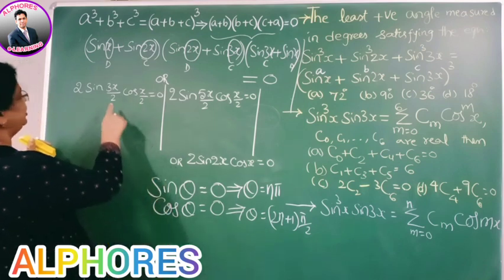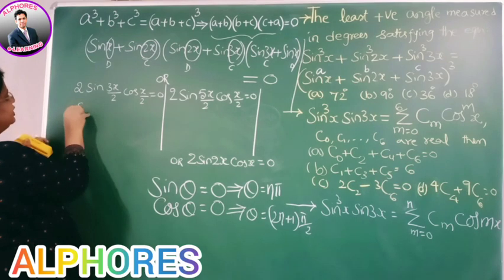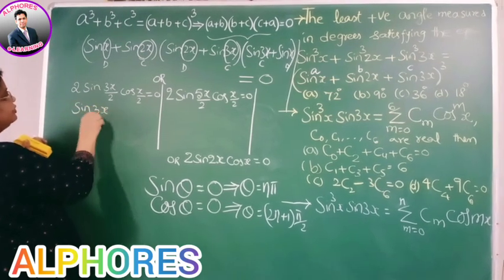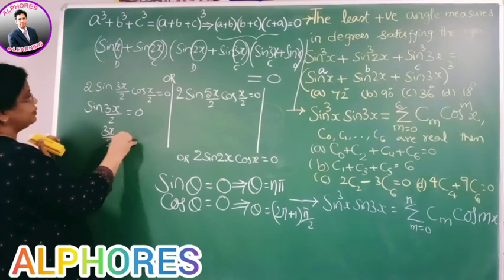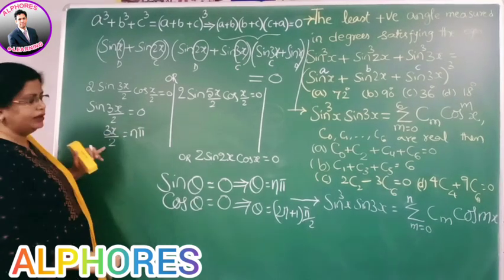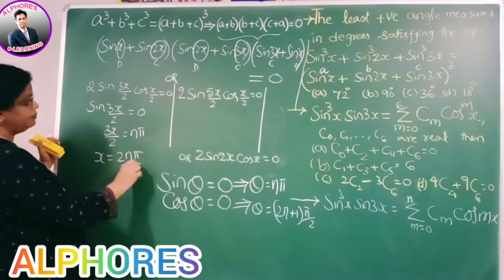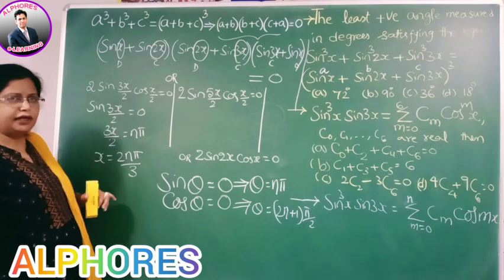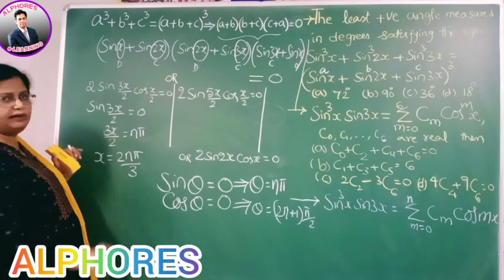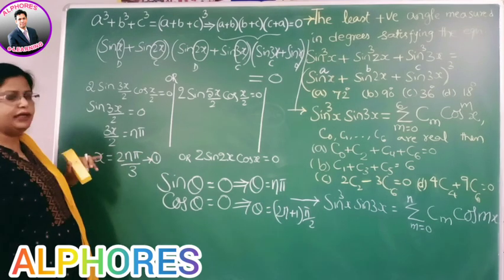Now here sin 3x/2 is 0 implies what? Sin 3x/2 is 0. That implies 3x/2 is how much? n pi, right? That implies x equals 2n pi divided by 3. So you got x is 2n pi/3, and this is one value you got, for n an integer.